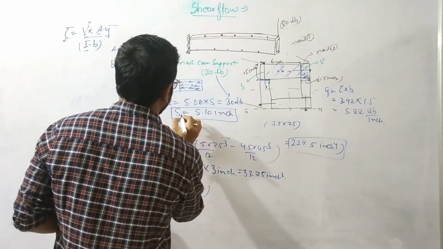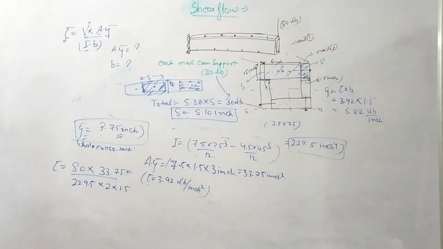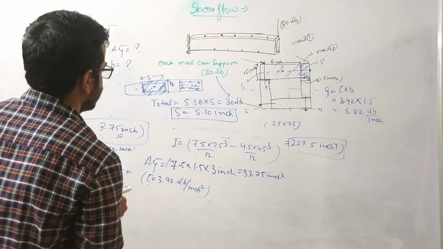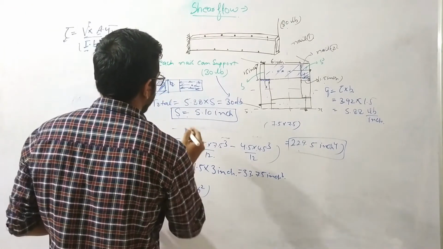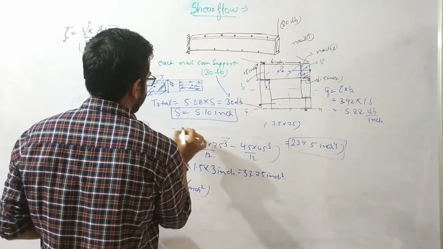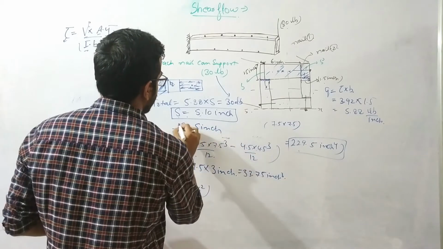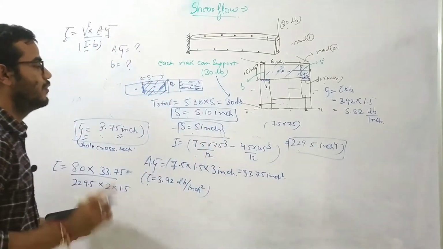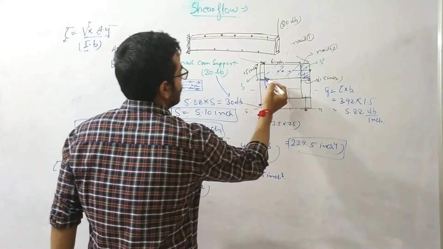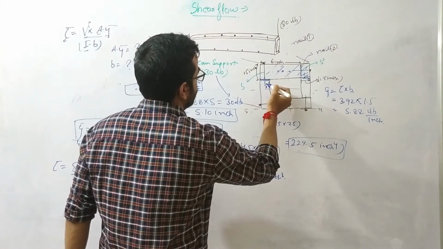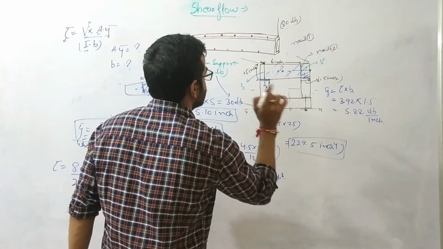If I check the answer, the answer is correct. It is 5.1 inch, but in practice we generally provide less than this value. So the spacing is 5 inch. For this nail the spacing should be 5 inch, right?